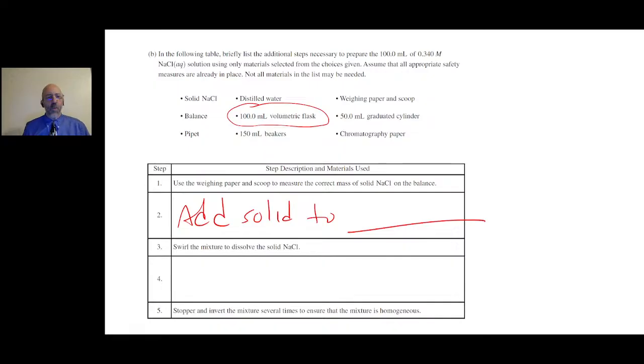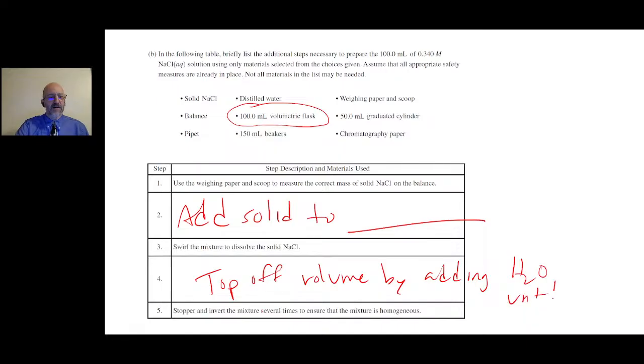So add some water. Don't add all of the water. Add maybe like 50 mL. Make sure it all dissolves. And then carefully top off the volume by adding water with a pipette until the final volume is even with the mark on the flask.